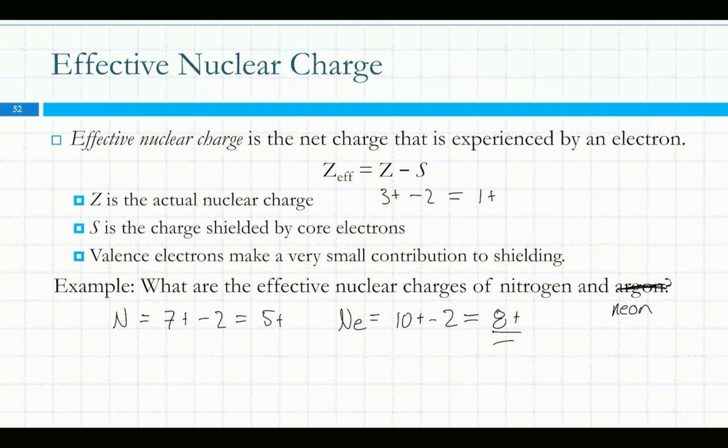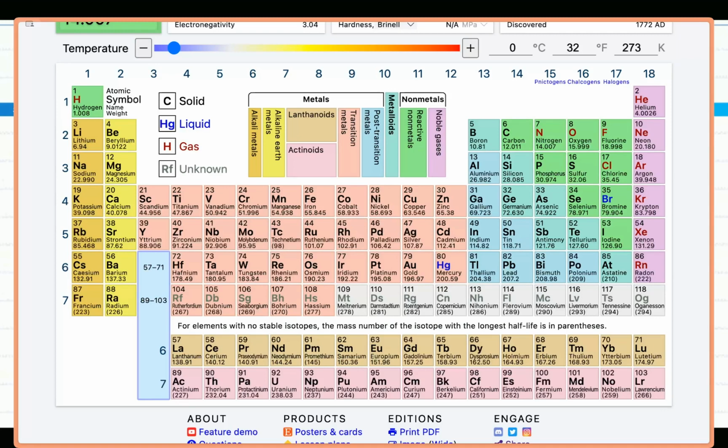I want to compare one other one here. So compare arsenic to nitrogen. For arsenic, how many protons does arsenic have? 33. Arsenic has 33 protons. How many electrons does arsenic have?